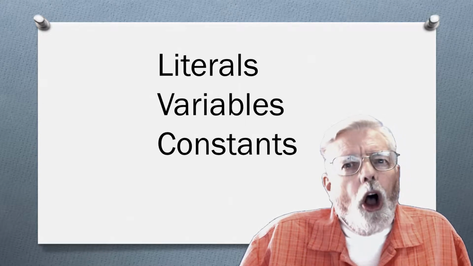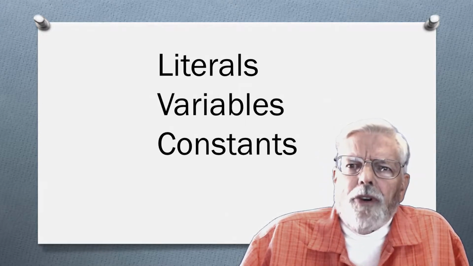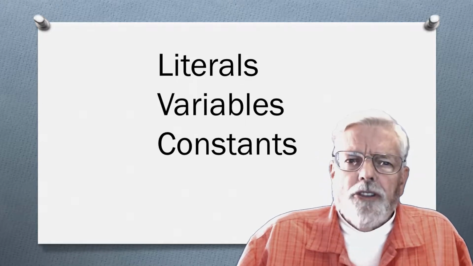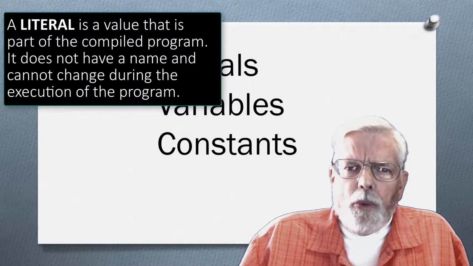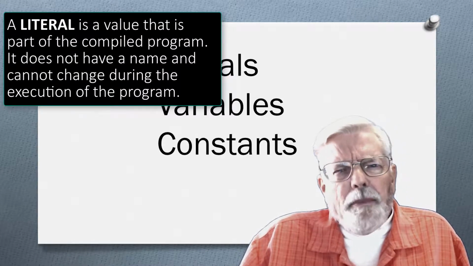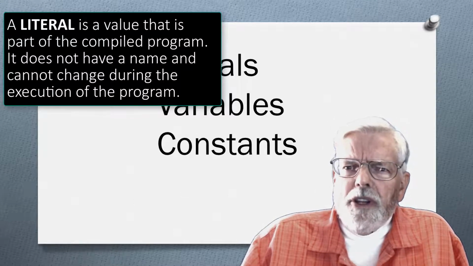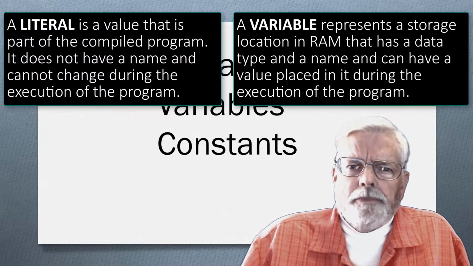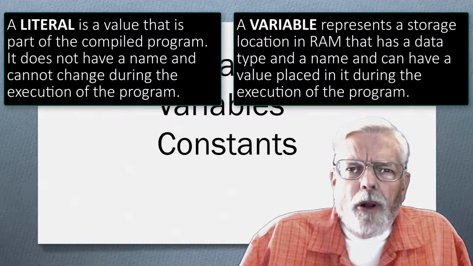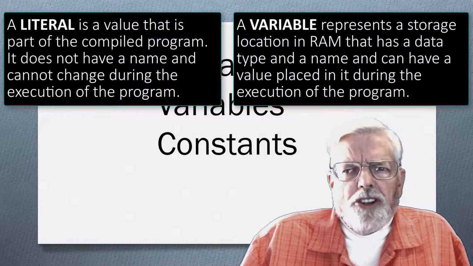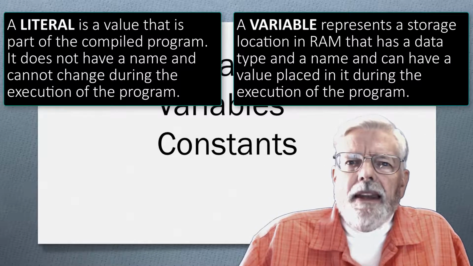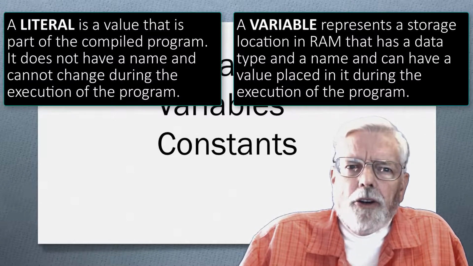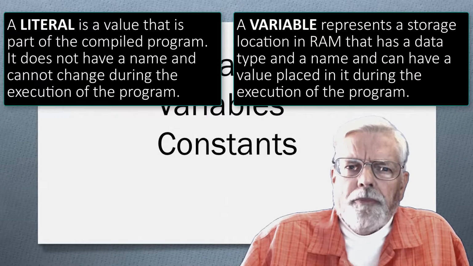Data types can also be part of the definition for literals, variables, and constants. A literal is a value that is part of the compiled program. It does not have a name and cannot change during the execution of a program. A variable represents a storage location in RAM that has a data type and a name and can have a value placed in it during the execution of the program.